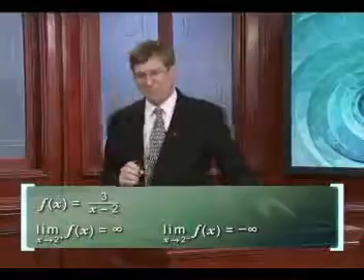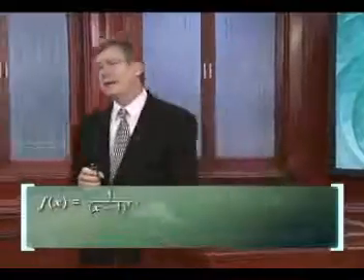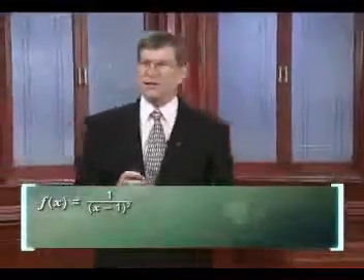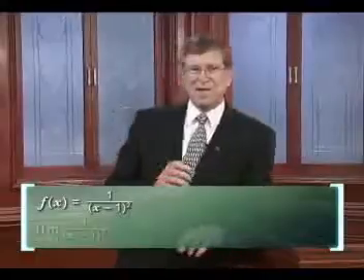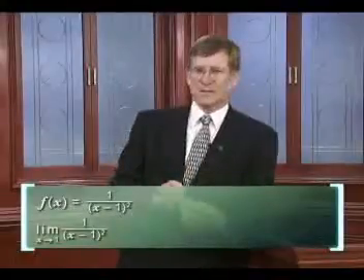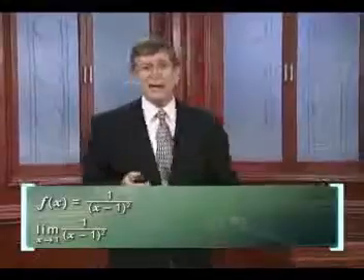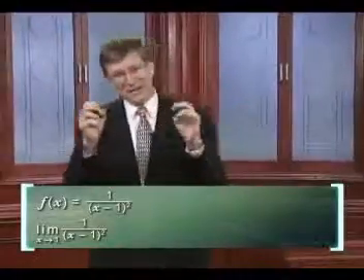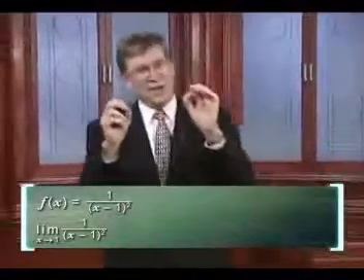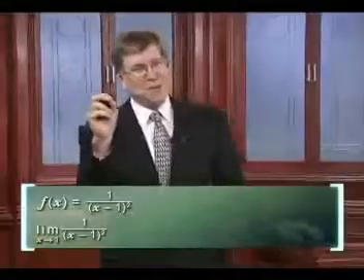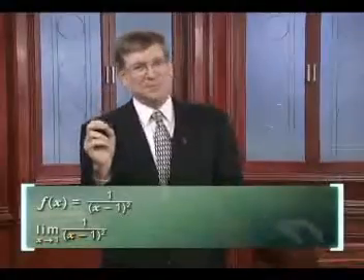Let's look at another example. How about 1 over x minus 1 quantity squared? Let's approach 1. So the limit as x approaches 1 of 1 over x minus 1 squared. Again, it's not defined at 1, so something strange is happening there. Analytically, as I get closer and closer to 1, x minus 1 gets closer and closer to 0.